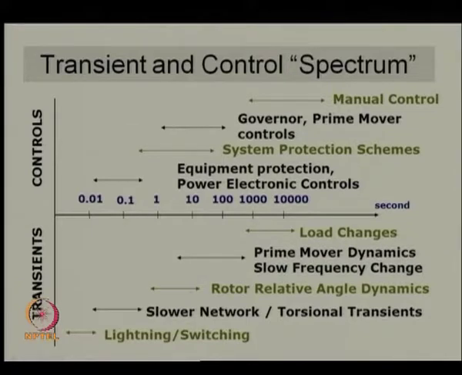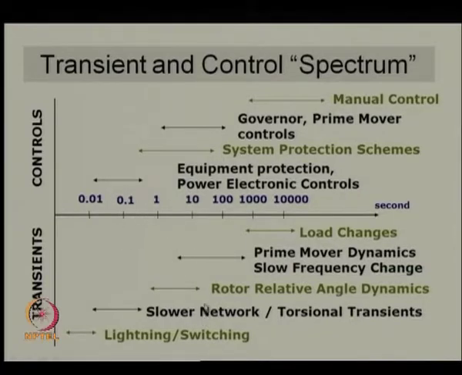So, if you give, for example, a push to a synchronous machine which is connected to another synchronous machine, you are likely to excite oscillations of around 1 hertz or so. And also, if you give a very large disturbance, you may have loss of stability. All these phenomena take place in a period of around half a second to around 10 seconds. So, all these things are visible if you take a snapshot in this period.